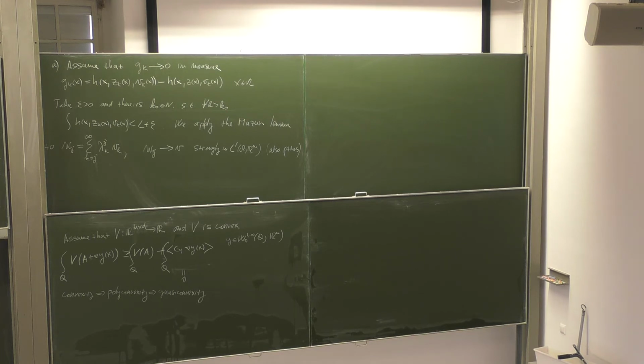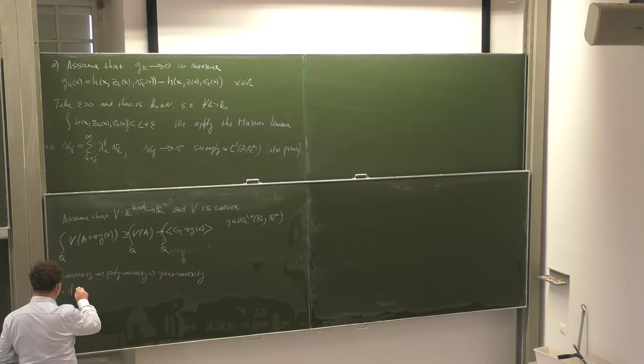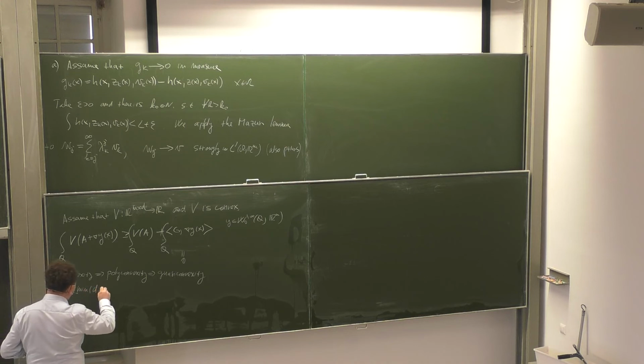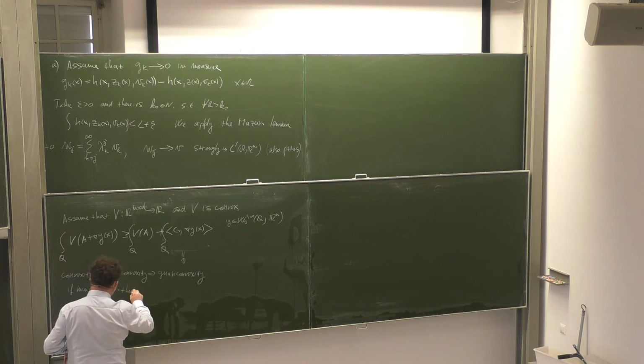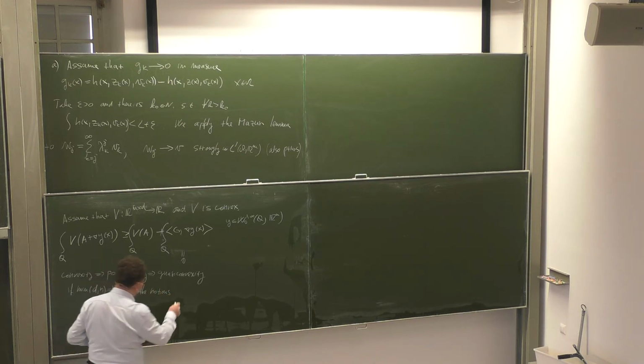Polyconvexity on a row matrix is just elements there, so everything coincides. If the minimum of d and n equals 1, then the notions coincide.